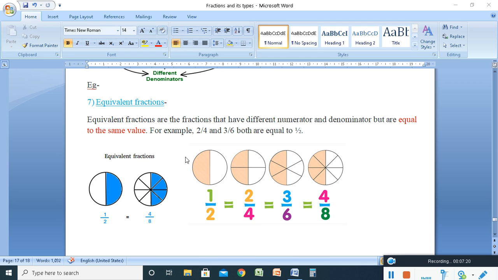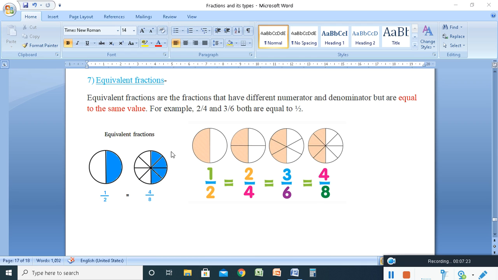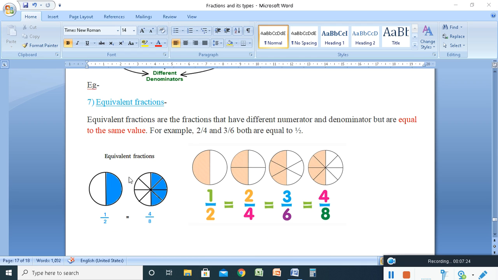And then the last one is equivalent fractions. So what is an equivalent fraction? In this case, both the numerator and denominator will be different for two or three fractions, but the value should be the same. Equivalent fractions are fractions that have different numerators and denominators but are equal in value.